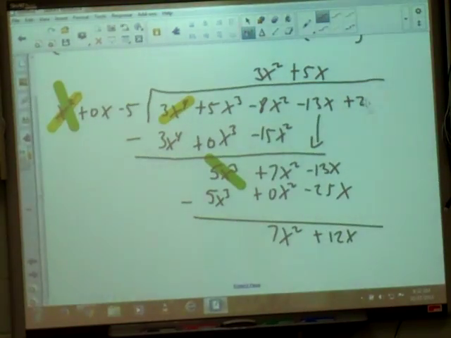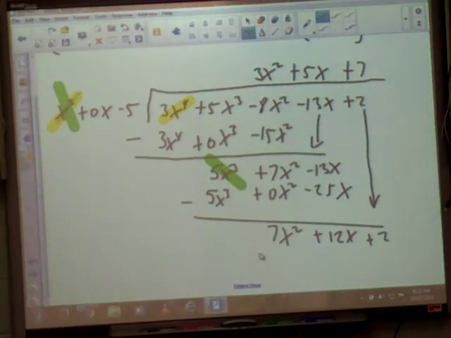12x, and now I need one more, so I'm dropping down that last little 2 up there. One more time to check here. X squared times what gets me 7x squared? 7, so we put a positive 7 to distribute. 7 times x squared, 7 times 0x, and 7 times negative 5.